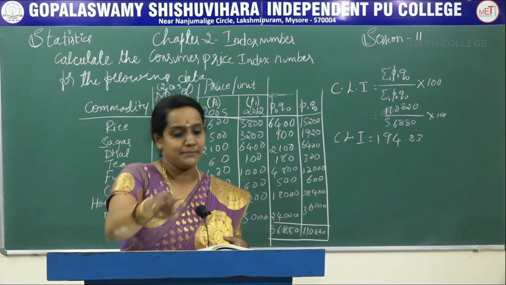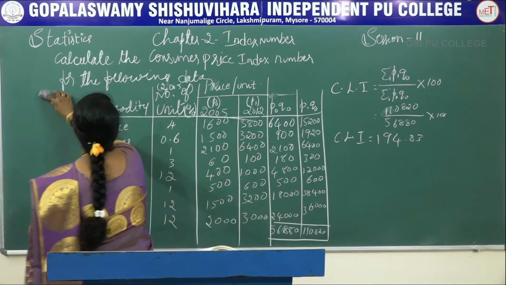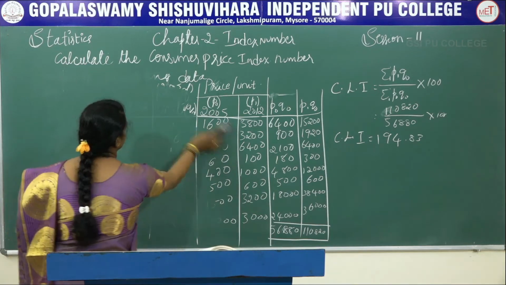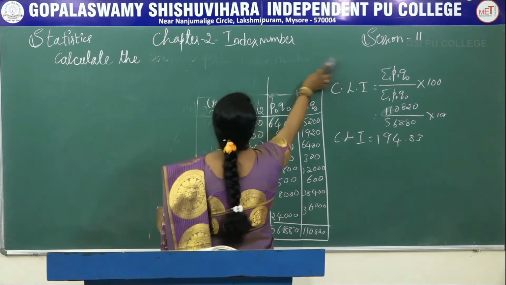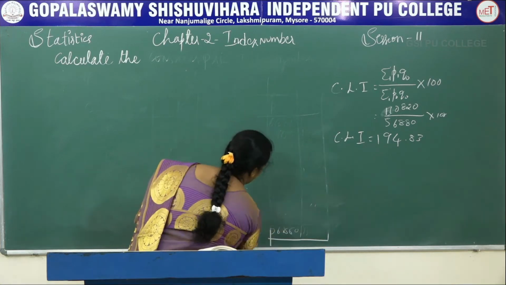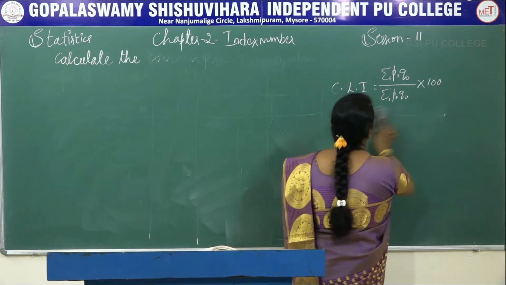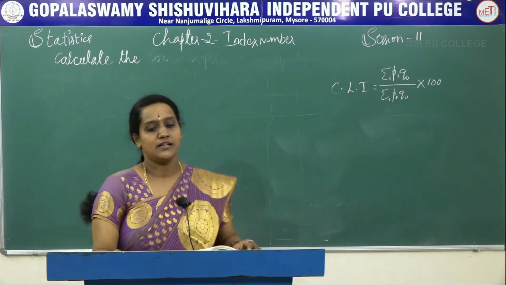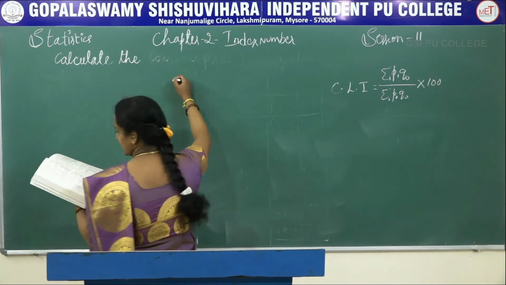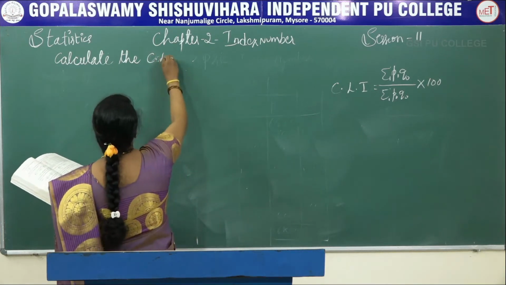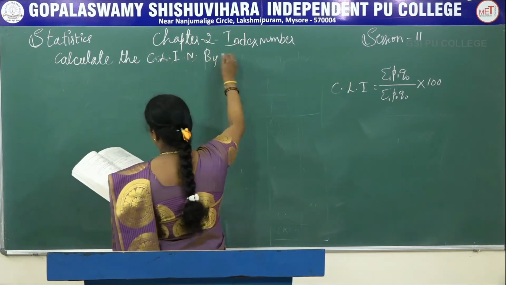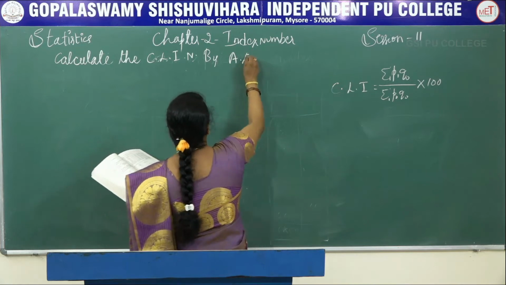And the next problem. And the next problem is, we have to compute or calculate the cost of living index number by the aggregative expenditure method.